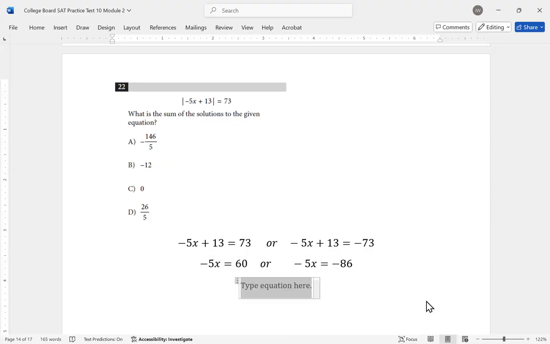And then you would divide both sides by negative 5 in both cases. So in this first case, we get x is equal to negative 12. That's what happens when you take 60 divided by negative 5. When you take negative 86 and divide it by negative 5, you get an x of 17.2.